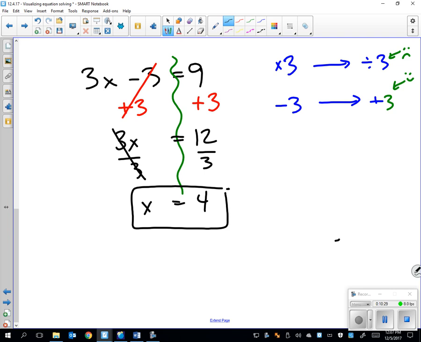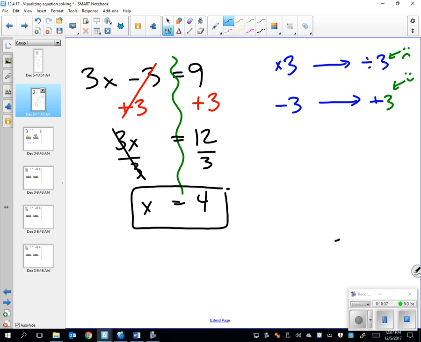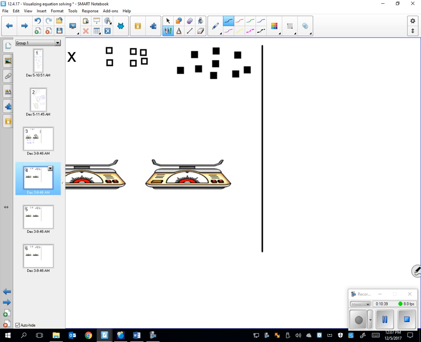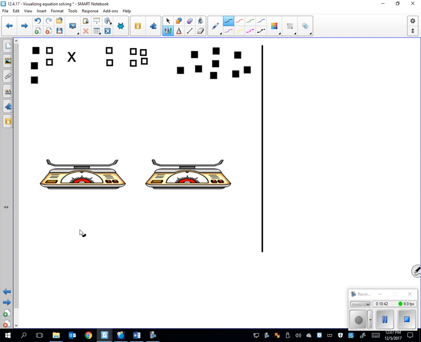Okay. We have 3x minus 3 is equal to 9. Let's just refresh our memory as to what we had done last day. Last day we had visualized this because today I'm going to take it to a bit of a next level. I had 3 x's. So I only have 1 x here right now. I'm going to make 3 x's. Clone. Clone. I have 3 x's sitting on my scale.